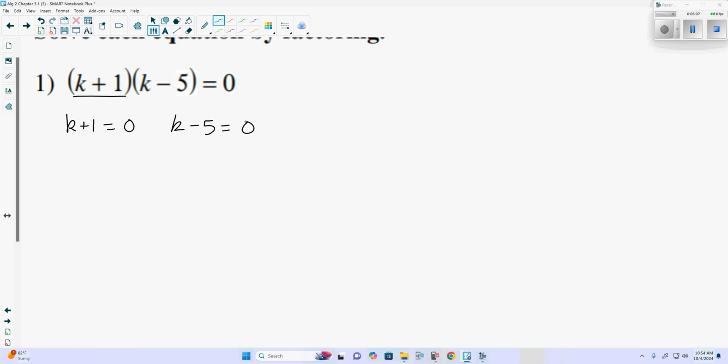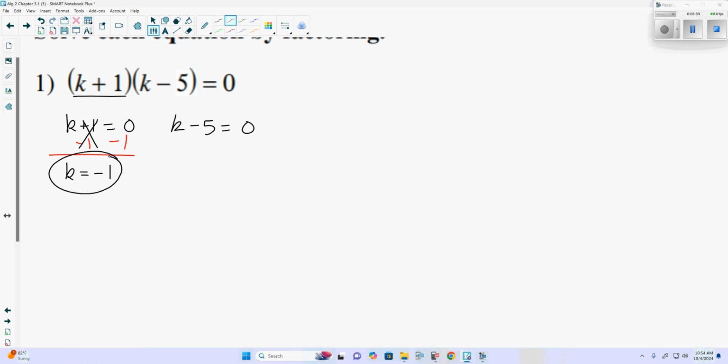So if we're solving by the zero product property, we have two things being multiplied together equals 0. So one of them has to be 0. Solve for K. So K plus 1 equals 0. If we're solving this for K, we would subtract 1 from both sides. Because plus 1 minus 1 is 0, leaving us with K is equal to -1.